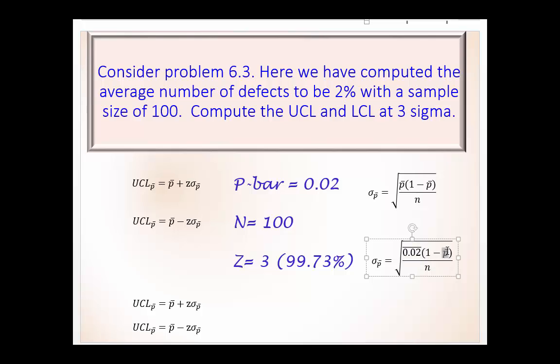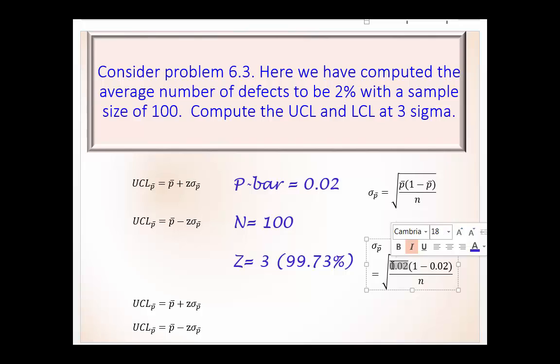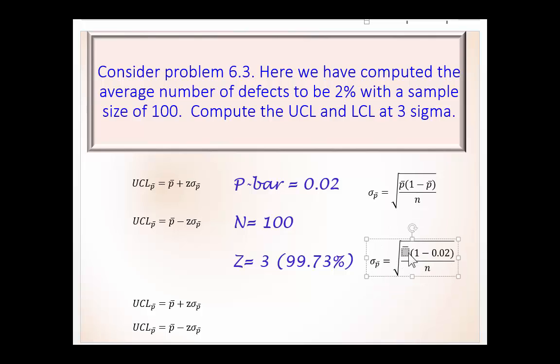And then 1 minus 0.02. And then our n, remember, is 100. This is important once again, because we don't want to think it's the number of samples, say 12 or whatever. So we have it as 100.